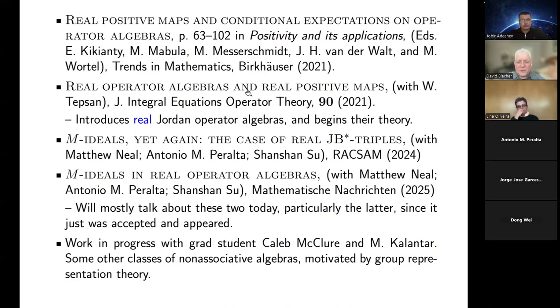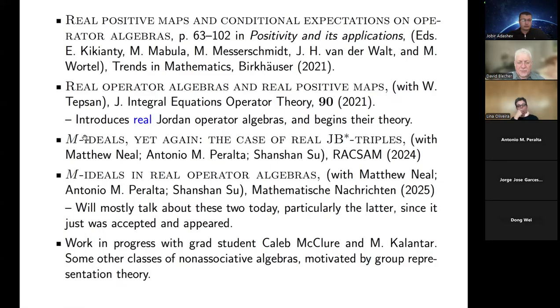Then, with another graduate student, Warwick Tepson, we introduced the real version of Jordan operator algebras and began their theory in that paper.